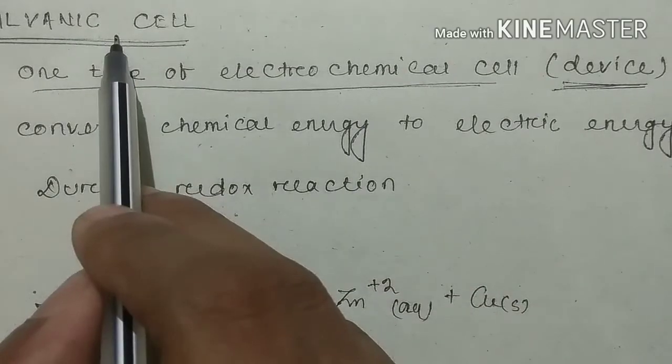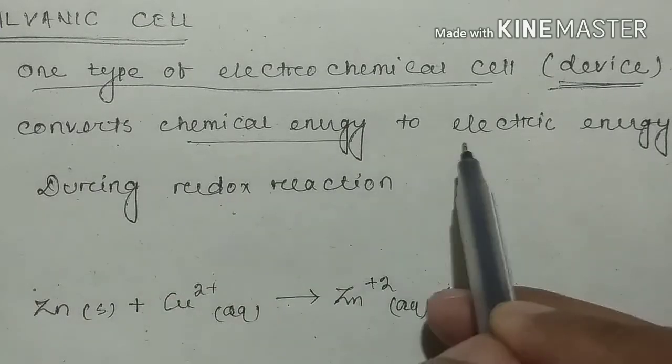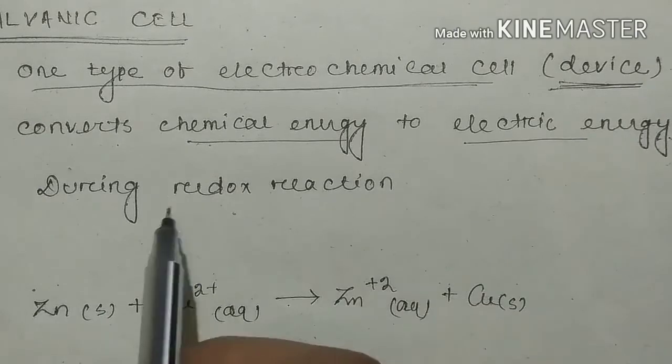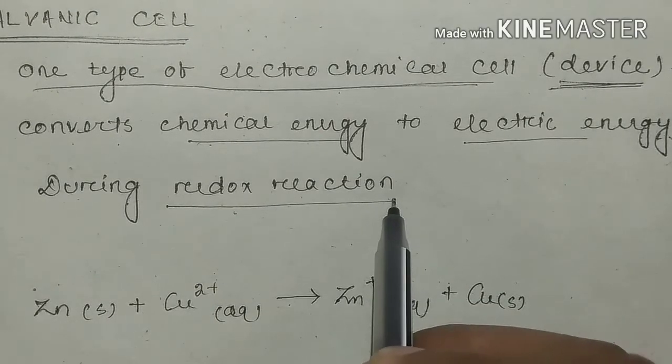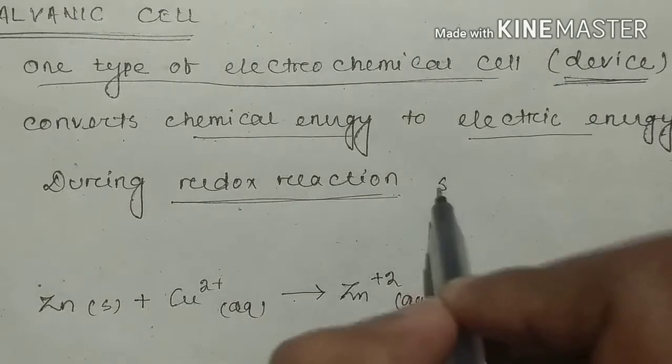So a galvanic cell is a device which can convert chemical energy to electric energy, and during this process a redox reaction is taking place simultaneously, and we should note that the reaction should be spontaneous.